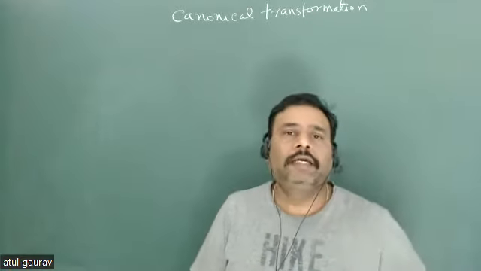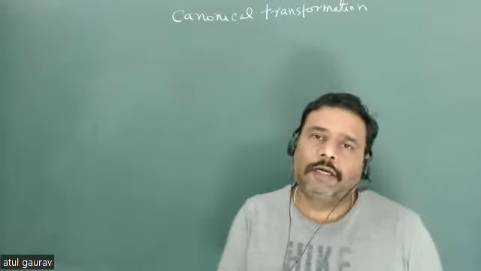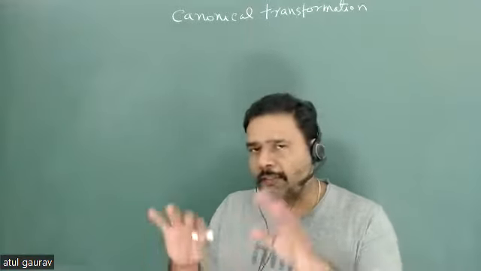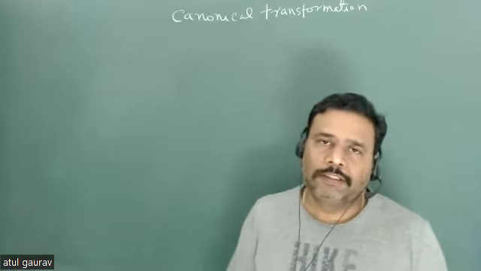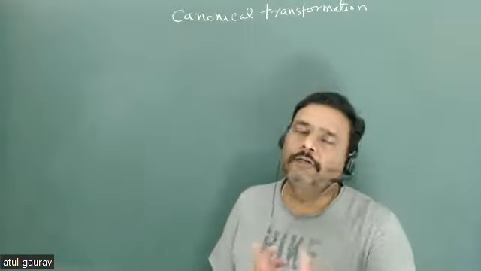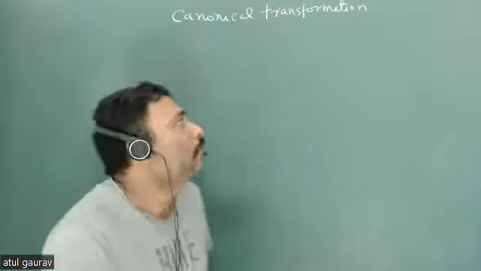We can do everything in a configuration space. But when we are talking about Hamiltonian, this is not a configuration space. All these things are in a phase space. If I am talking about phase space, that means I am talking about generalized coordinates and conjugate momenta.